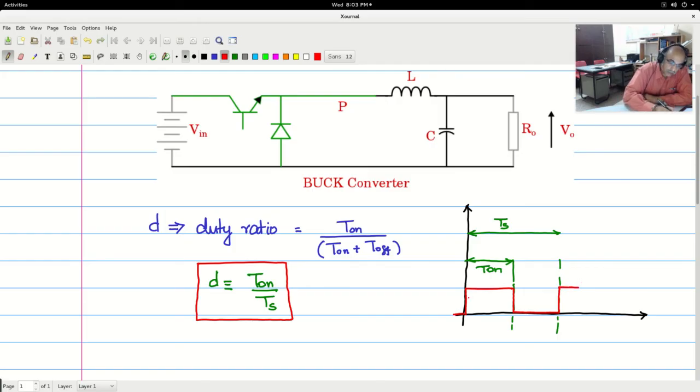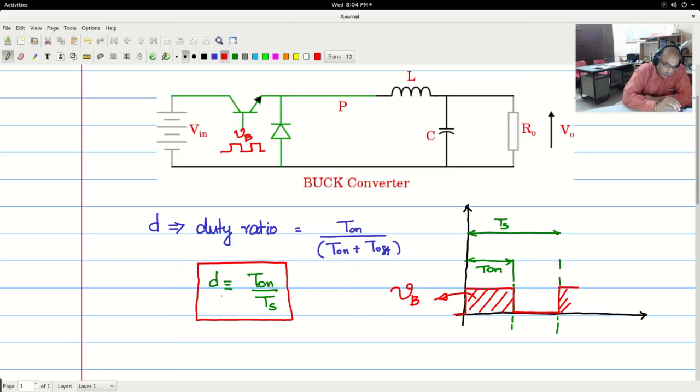Now this wave shape will be the base drive pulse VB, and this VB is what will be given here in the form of a pulse shape, and there will be appropriate circuitry which will make the transistor turn on and off. So when VB is high, transistor will be on, VB is low, transistor will be off. So this is how the buck converter will operate.